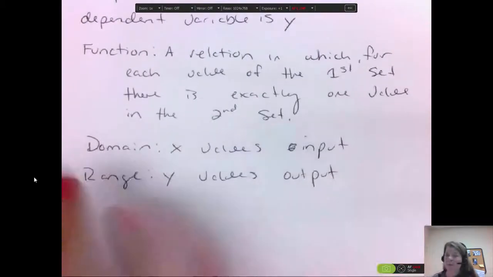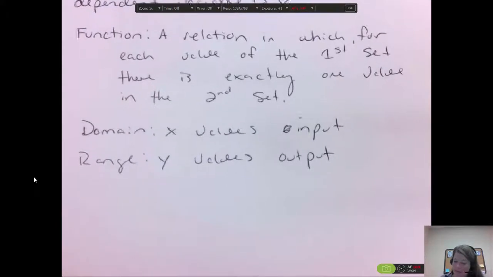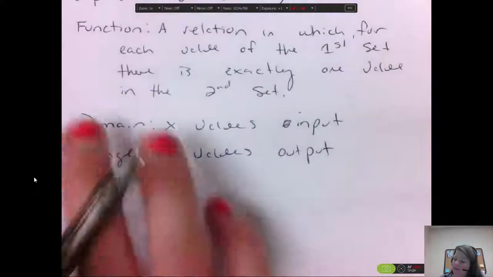And this is super important that you understand domain is x, range is y. What are you putting in? What are you putting out? This is what will confuse people the most. So you have this math problem and you have to figure out what you can put in, without making the problem impossible or something like that. And then what can you get out? What is the possible output values? And that's your first set, second set.